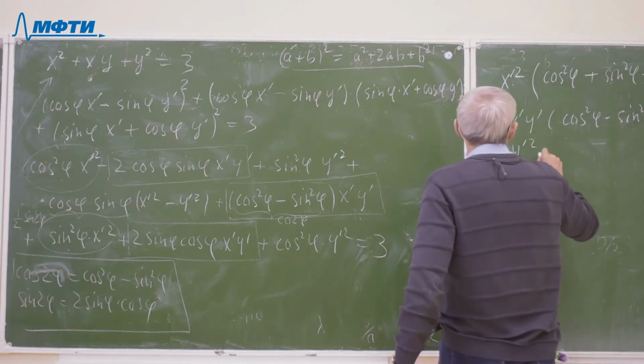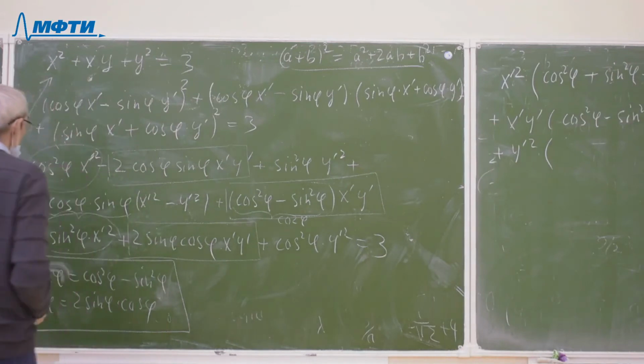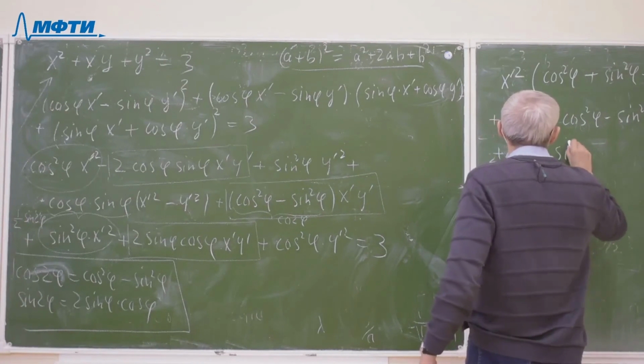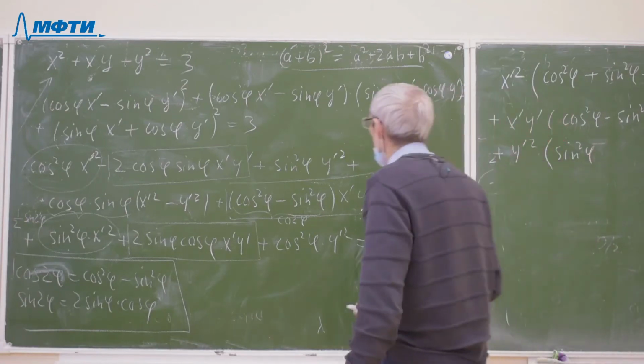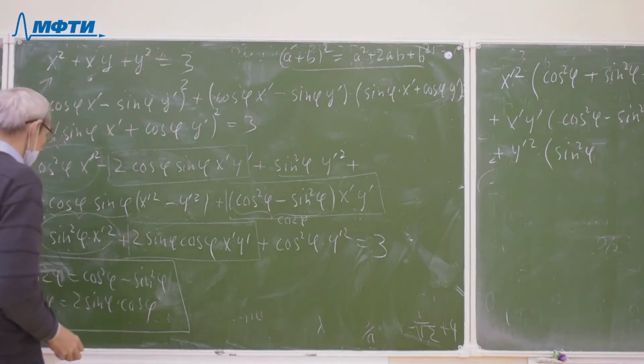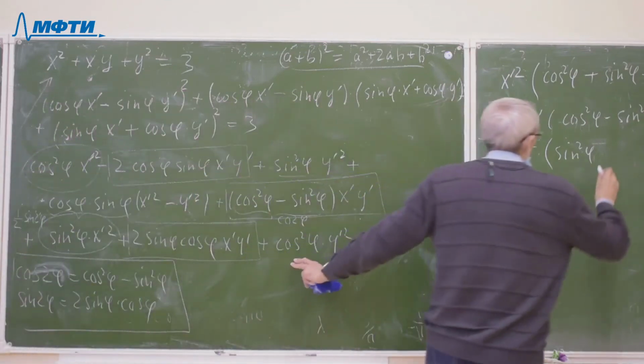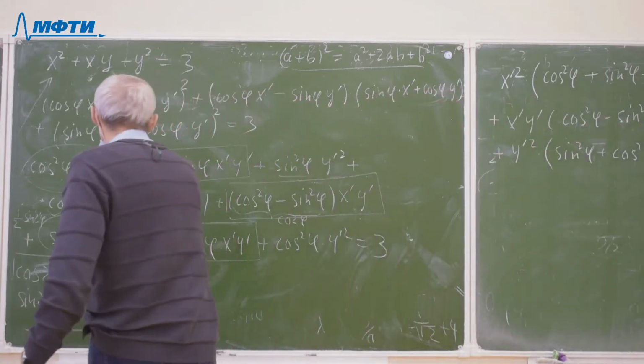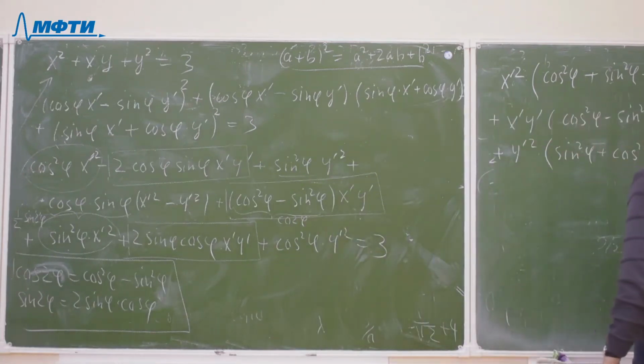Plus y prime square, sine square phi and cosine square phi, minus cosine sine, plus 3. Is equal to 3.